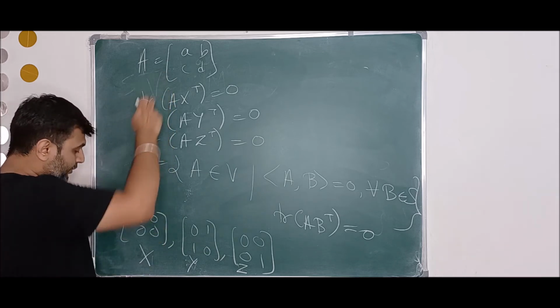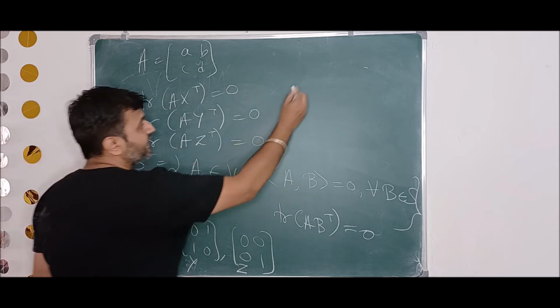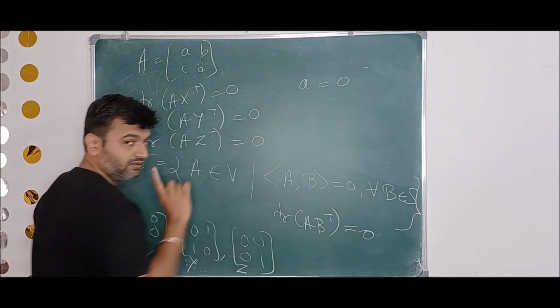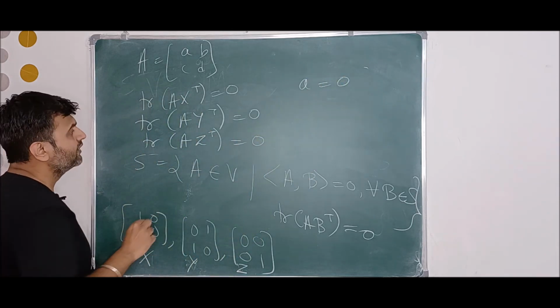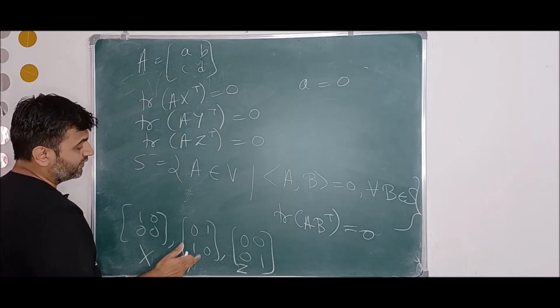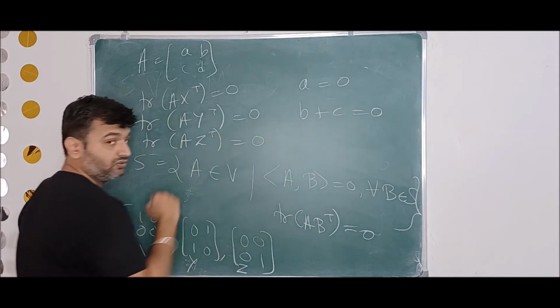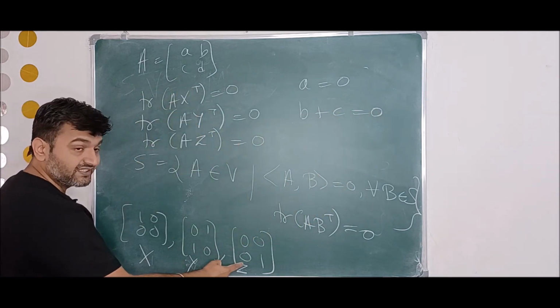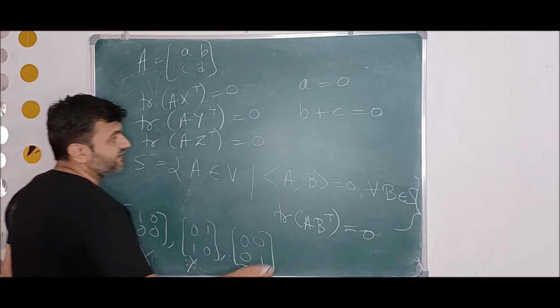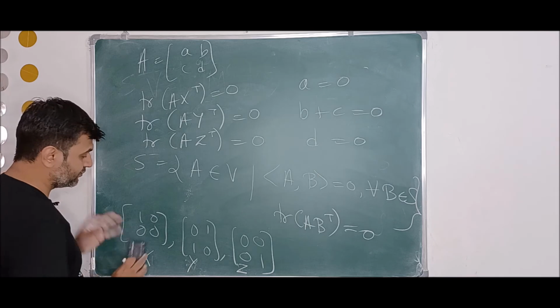Now you do A into X transpose and find the trace; the trace will come out to be a. You do A into Y transpose and find the trace; it will come out to be b plus c, and that is equal to 0. You do A into Z transpose and see the trace; it will come out to be d. Therefore d is equal to 0.